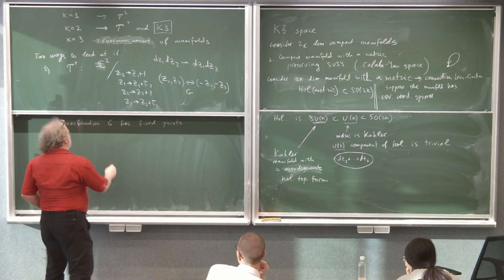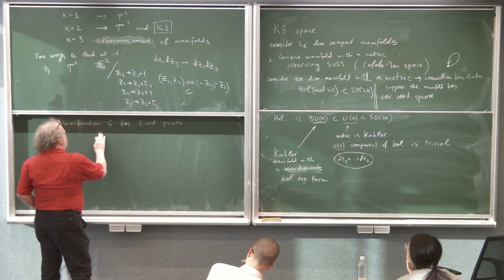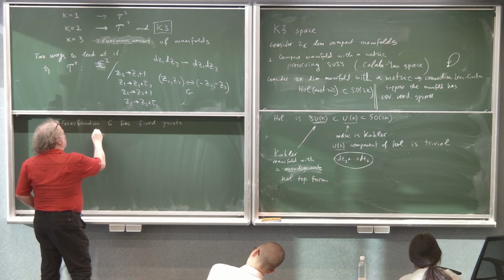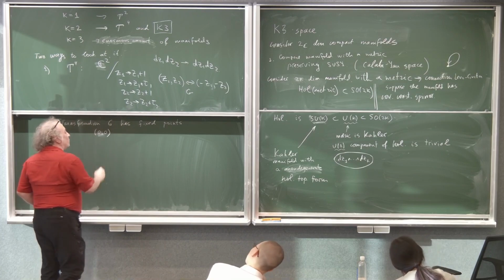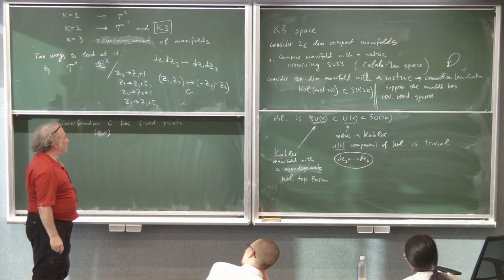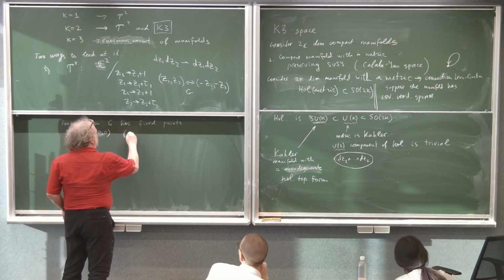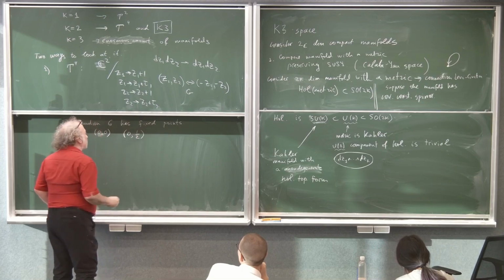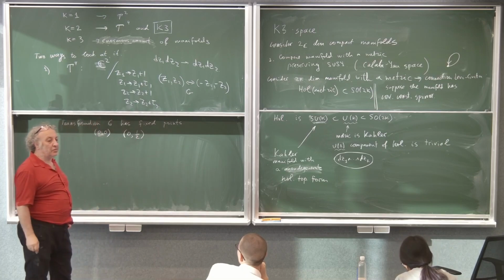In particular, let me draw these fixed points. (0, 0) is a fixed point. (0, 1/2) is a fixed point.